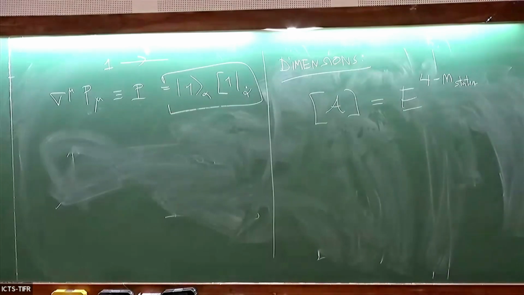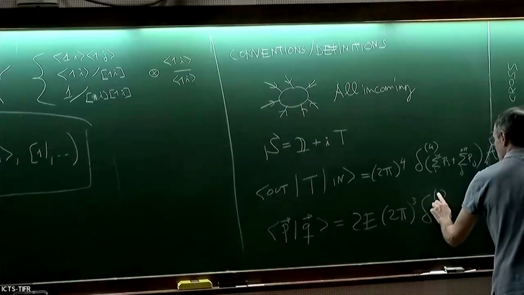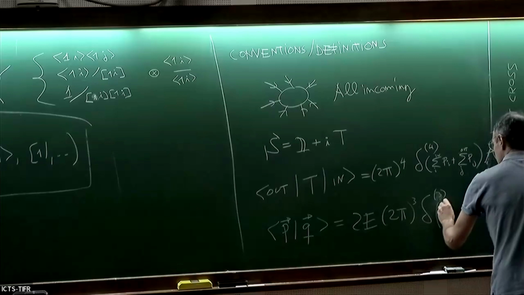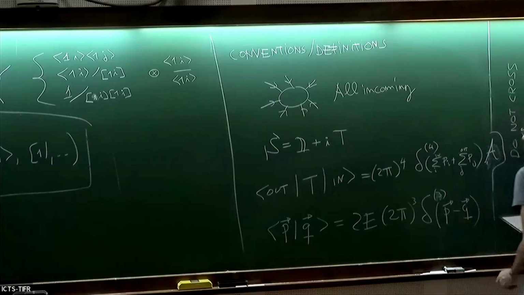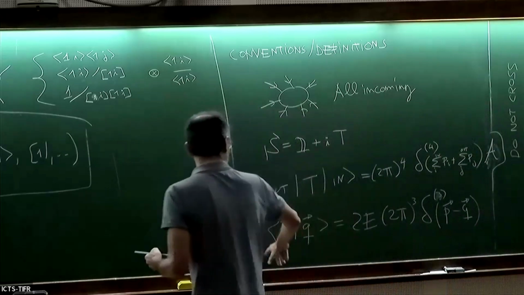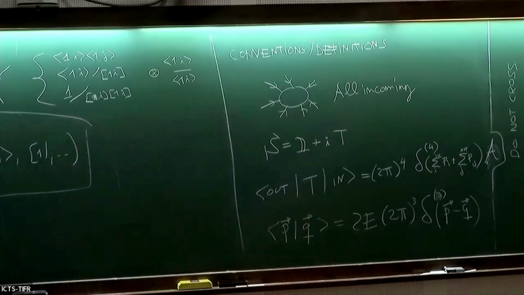Following the usual notation, the contraction of two states of momentum P and Q is defined with 2E, 2 pi cubed, delta 3 of P minus Q. So just by looking at this, you know the dimension of the states, and you know the dimension of the amplitude, 4 minus n states.